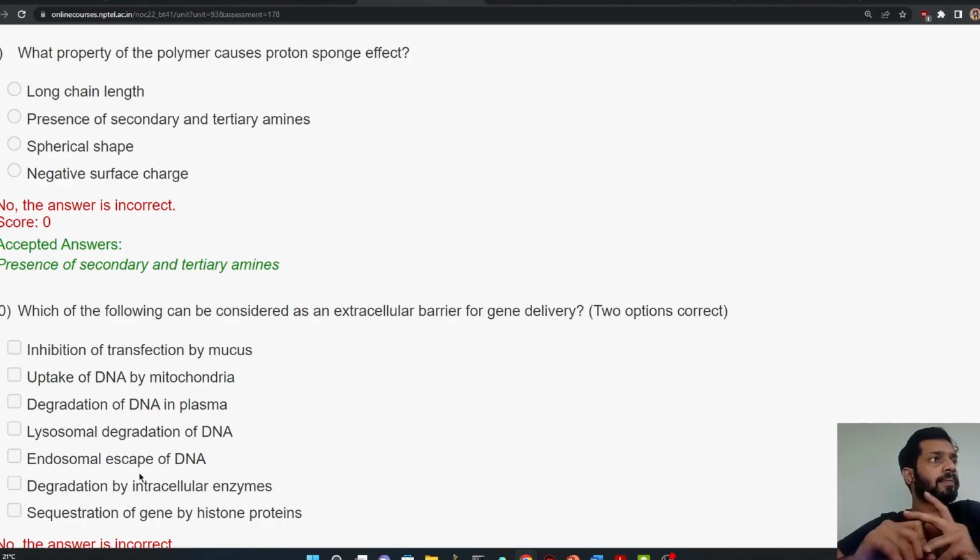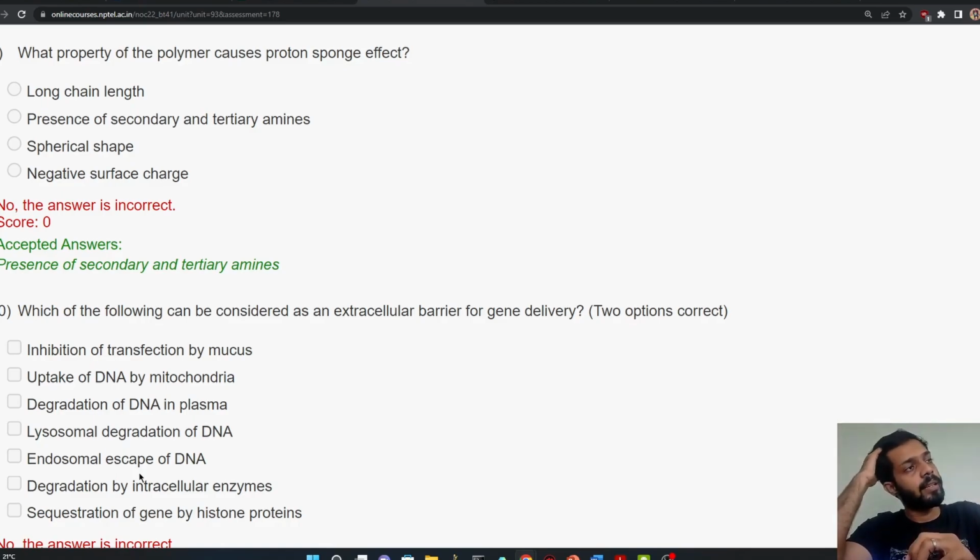Yeah, sir. They are saying degradation of DNA in plasma, but how does plasma act as an extracellular barrier for gene delivery? What's the mechanism, I couldn't understand. Yeah, so plasma contains a lot of enzymes, right? There are a lot of DNases in plasma.